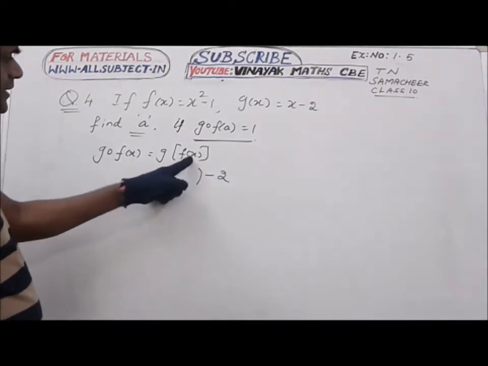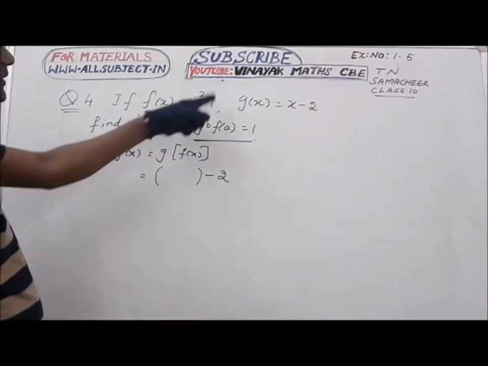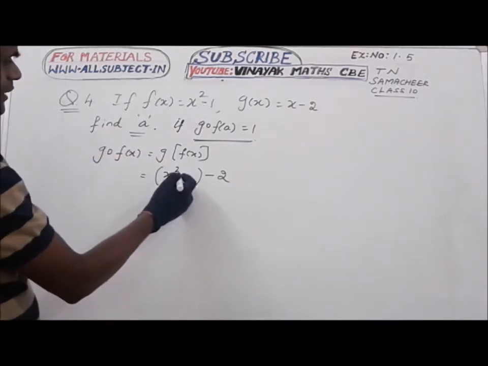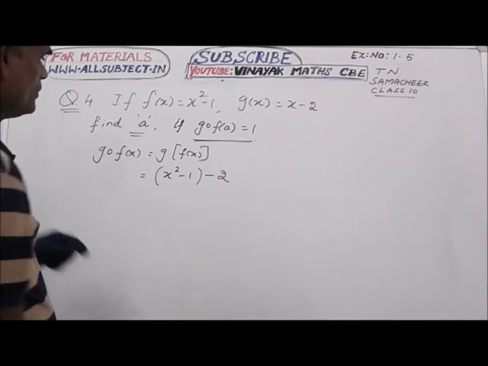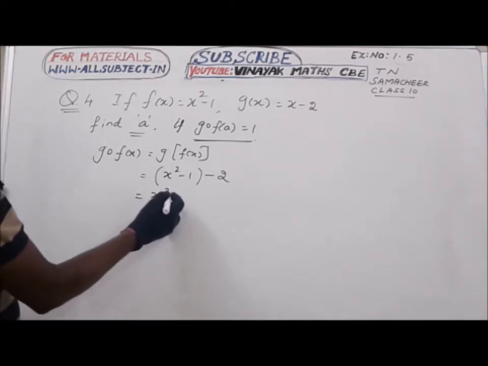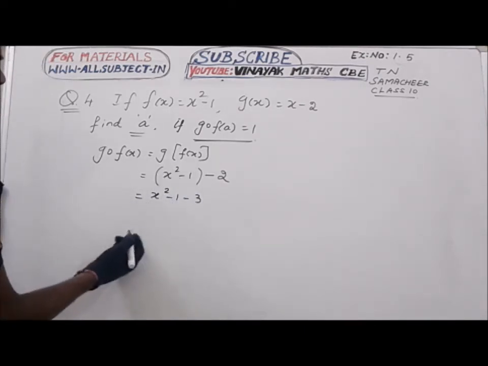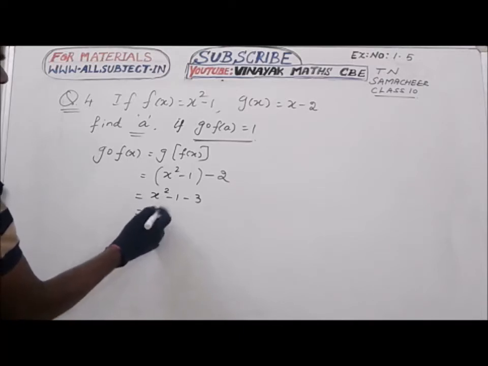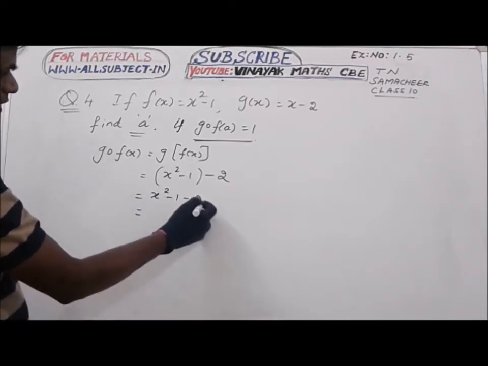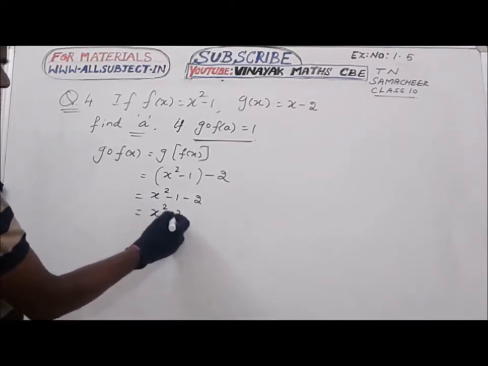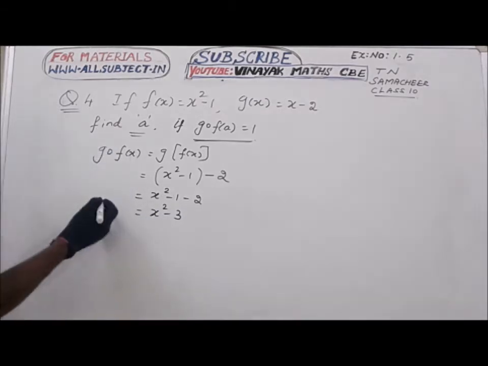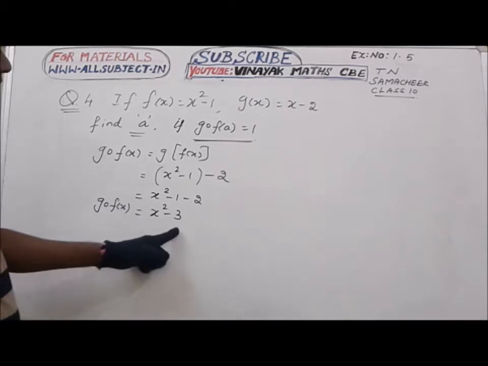In this place of x substitute f of x. The f of x is x square minus 1. So x square minus 1 minus 2, and simplifying this, x square minus 3. This is known as g of f of x. So g composition f of x is equal to x square minus 3.